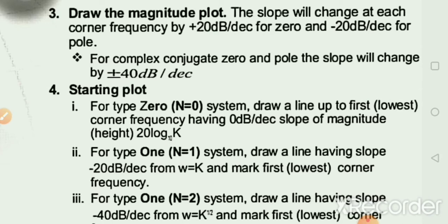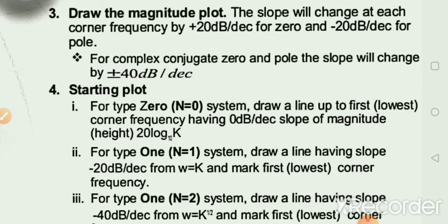Now the fourth step is the starting plot. For a type 0 system, where n equals 0, draw a line up to the first lowest corner frequency, with 0 dB per decade slope at a magnitude of 20 log base 10 of K. Here the base is 10.